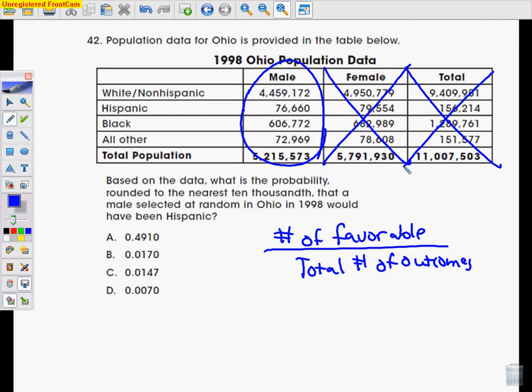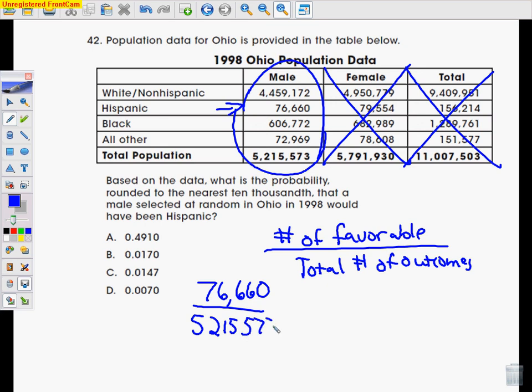Okay, so what we want to do is find out, well, Hispanic, that's the one that we're looking for. So that's the favorable outcome here. So that's 76,660, and we're dividing that by the total number of outcomes. Well, the total number of men in Ohio at that time is 5,215,573. Okay, so we're going to take that value and we're going to divide that in our calculator.